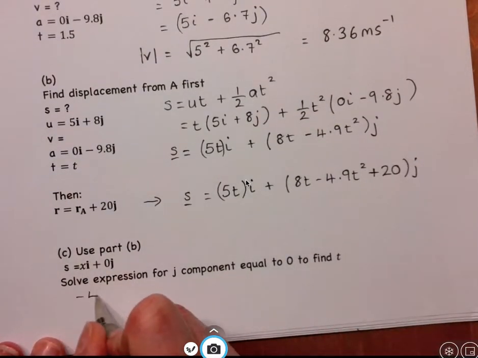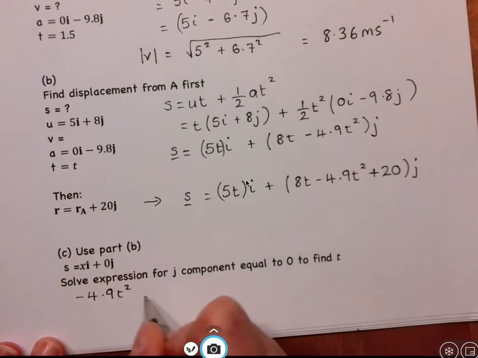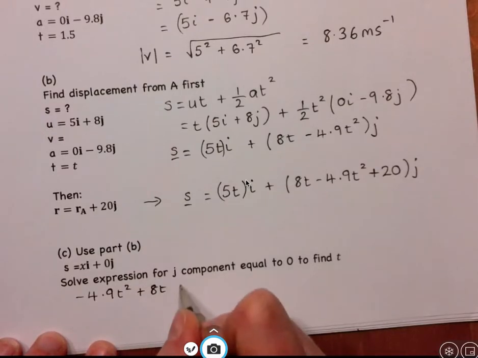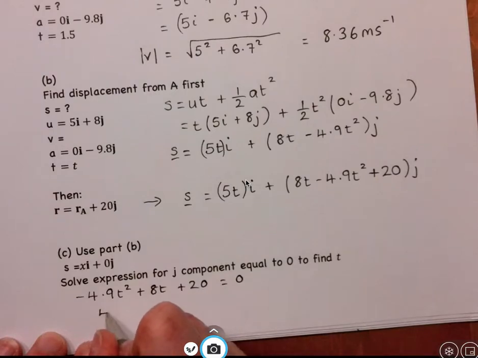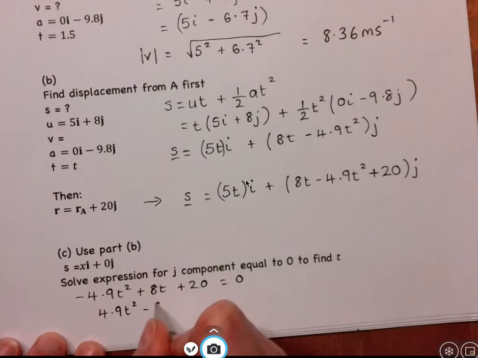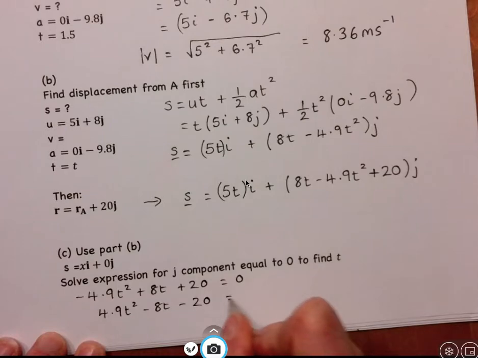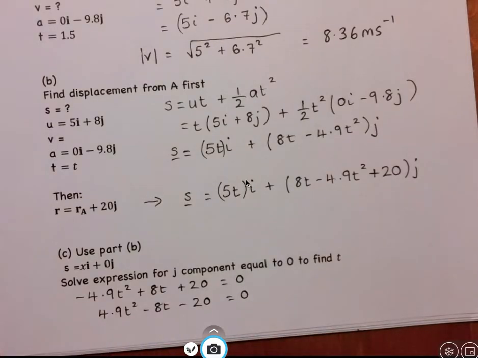So you've got minus 4.9t squared plus 8t plus 20 equals 0. That's going to give me 4.9t squared minus 8t minus 20 equals 0. I have not got my fancy calculator on me, so just bear with me a minute.